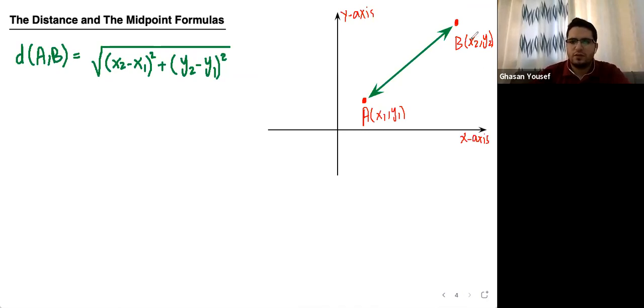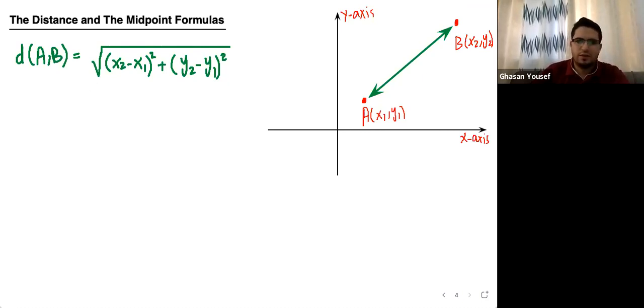So I'm looking for the ordered pair for the first point and the ordered pair for the second point. I subtract the x coordinates of the points and square it. Then I add the difference between the y coordinates of the two ordered pairs, squared. In the end, I take the square root of everything.